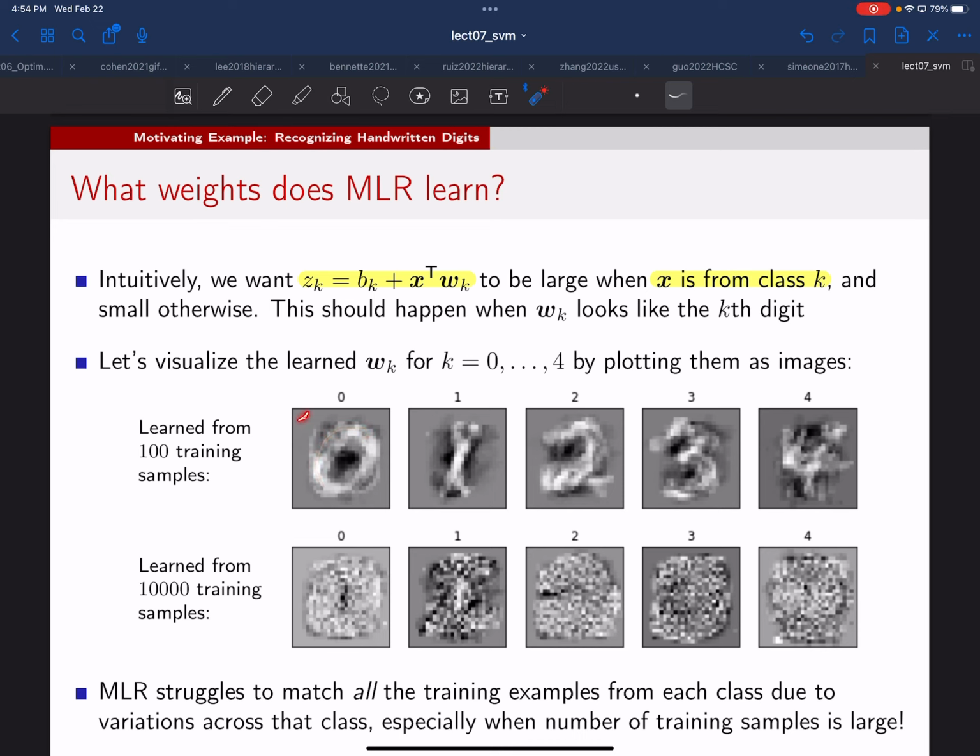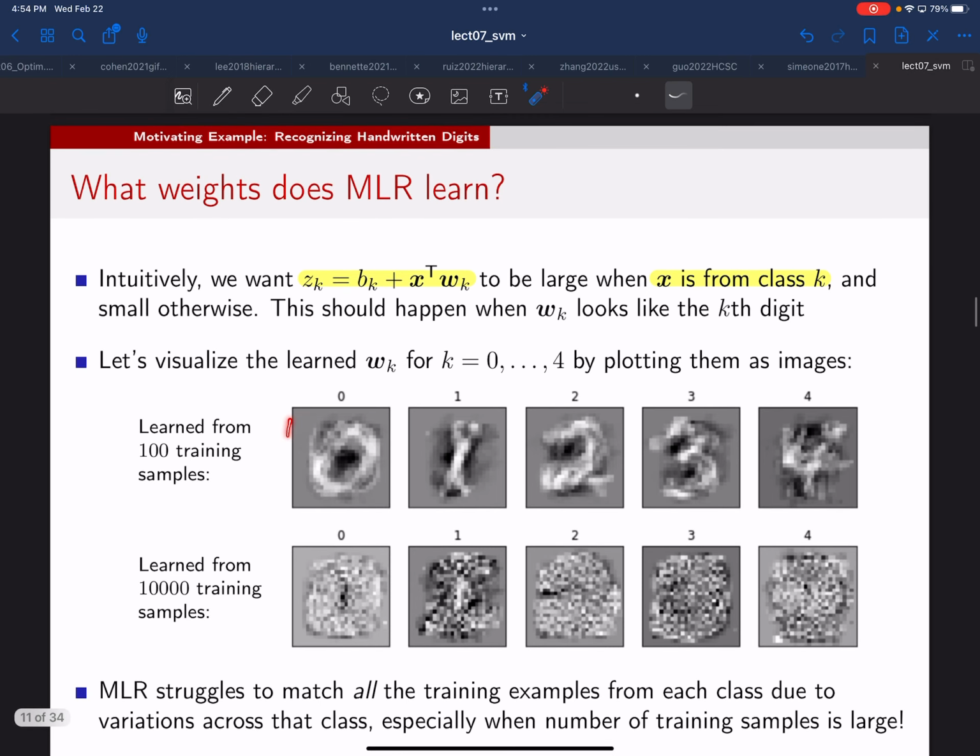This gray color would be value 0. The white color is large positive values, and the black color is negative values. So the weight vector it learned for class 0 does look more or less like a 0. And the one we learned for class 1 really does look like a 1. The one for class 2 looks like a 2, 3, 4, and so on, right? This is what happens when you use 100 training samples.